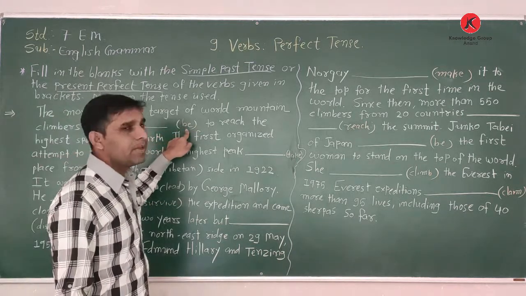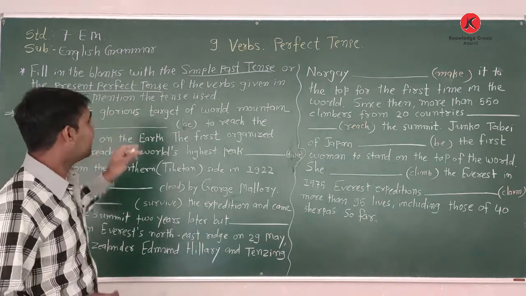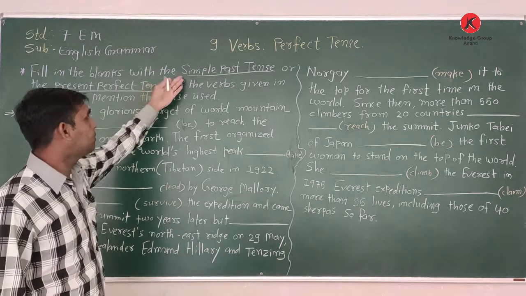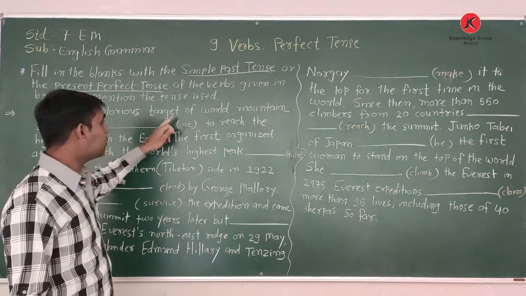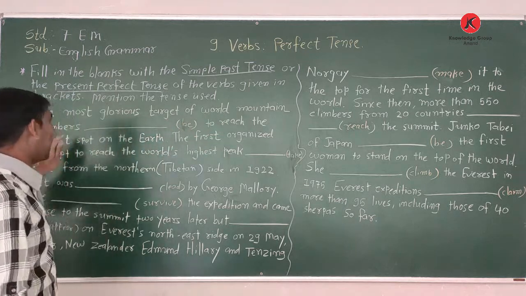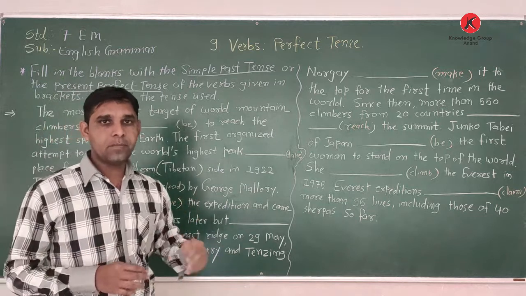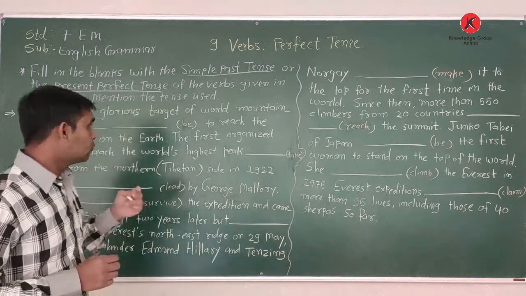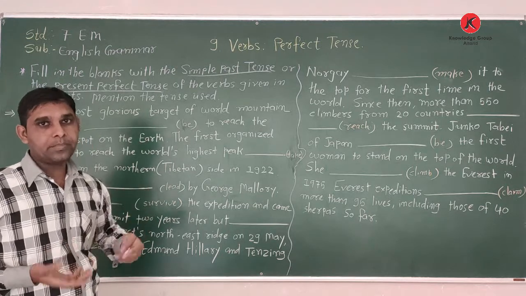Here the base form is given. So what do we write? We write whether it is the form of simple past or present perfect. Here we talk about the most glorious target of the world mountain climbers to reach the highest spot on the earth. Not only today, but many more times they tried it. So the action began in the past but also talks about the present.